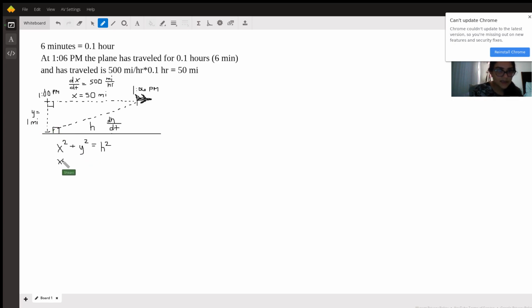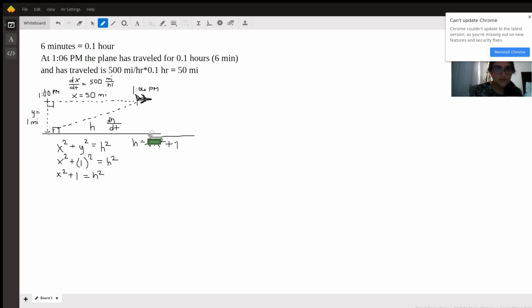So we can say x squared plus 1 squared is equal to h squared, or x squared plus 1 is equal to h squared. So then h would be equal to the square root of x squared plus 1.